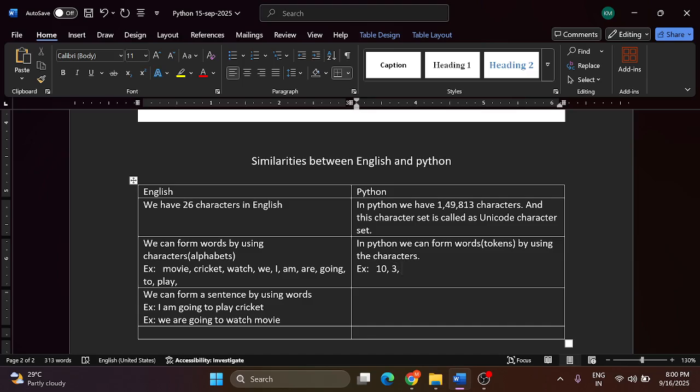English lo I use చేసినట్టు, in English I've used I as a word. Here 3 I'm using as a token. అర్థమవుతుందా? ఇప్పుడు 10 ని ఏమంటాం? 10 is called as what? Token means word. 3 is also called as what? Token. For example, A is a token.